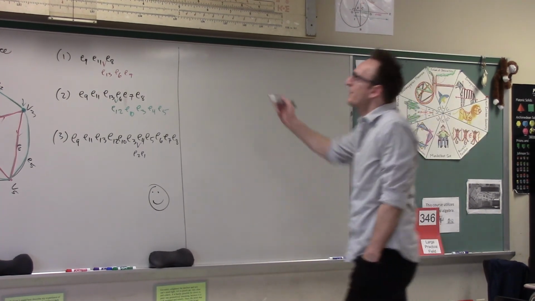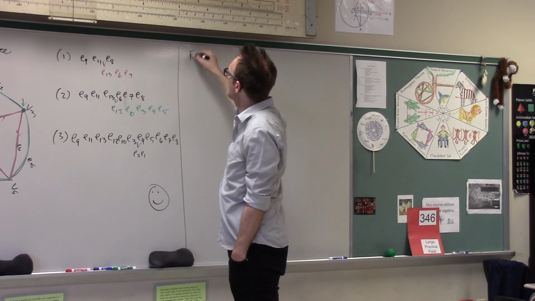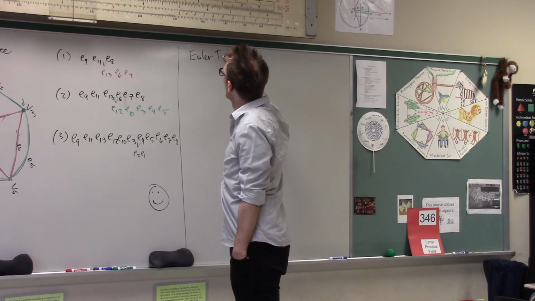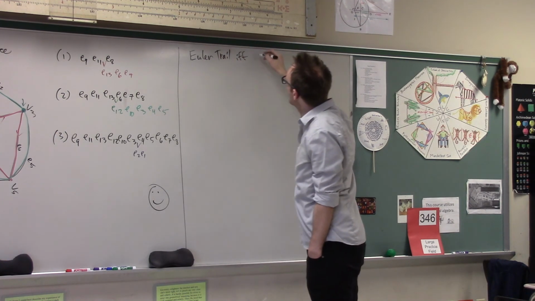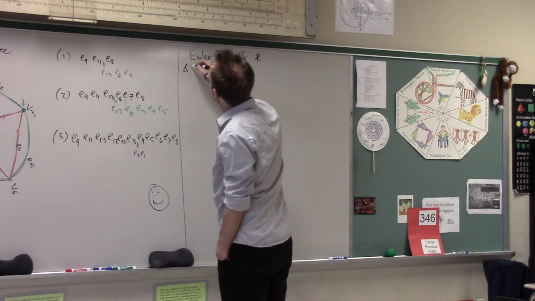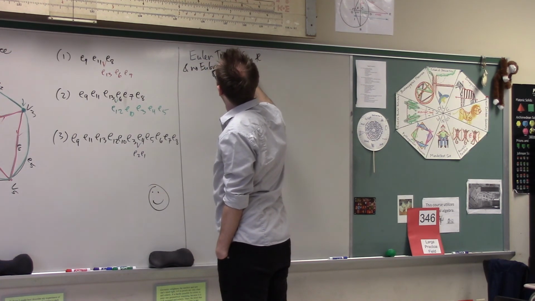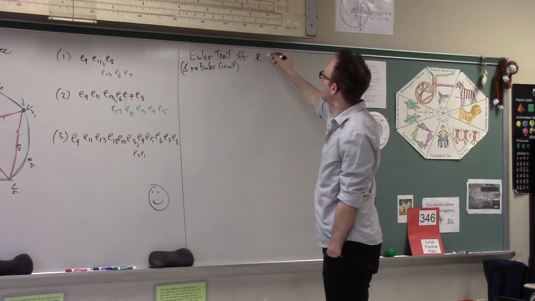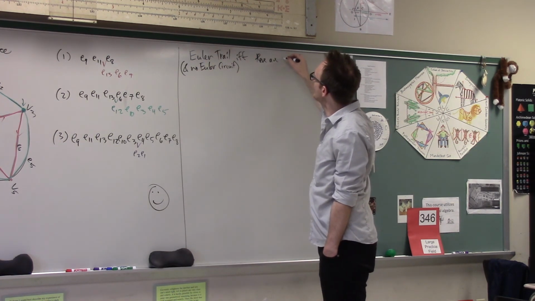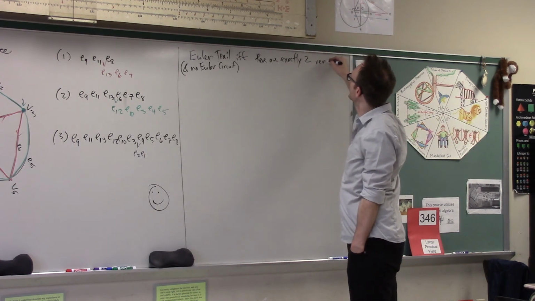The sort of corollary, about trails, is that there is an Euler trail and no Euler circuit if and only if there are exactly two vertices of odd degree.